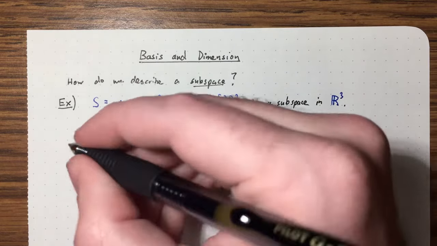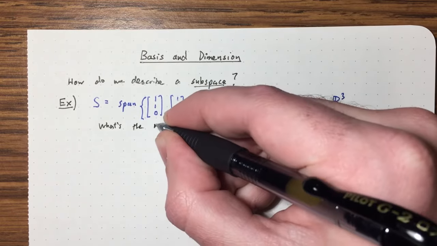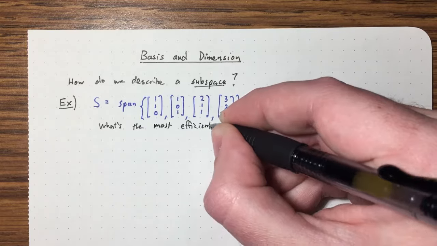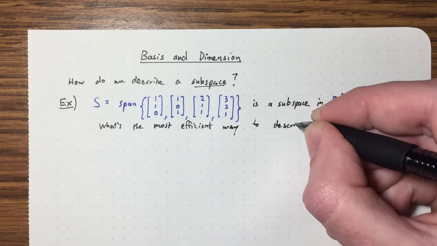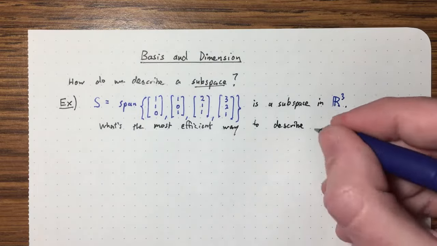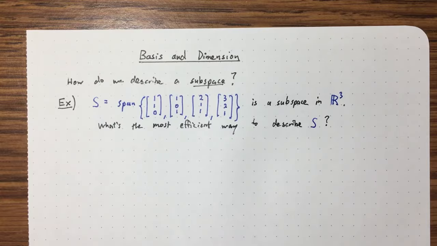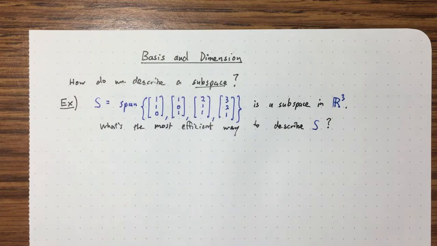And the question is, what's the most efficient way to describe this subspace S? What do I mean by that? Well, first of all, we have four vectors in R3. What does that mean?